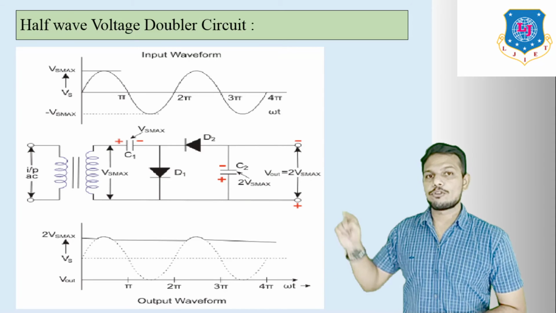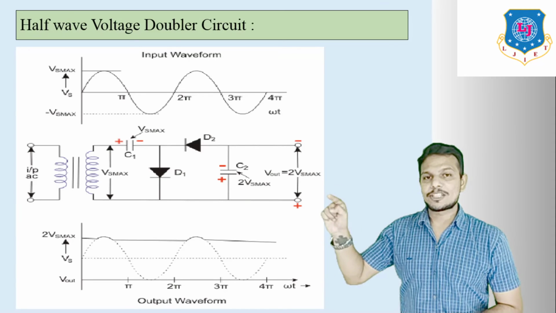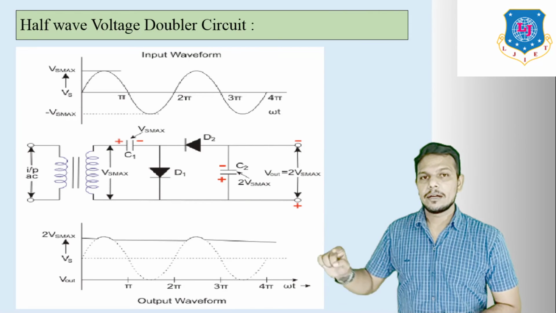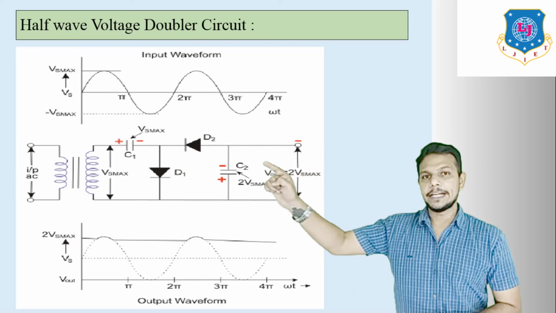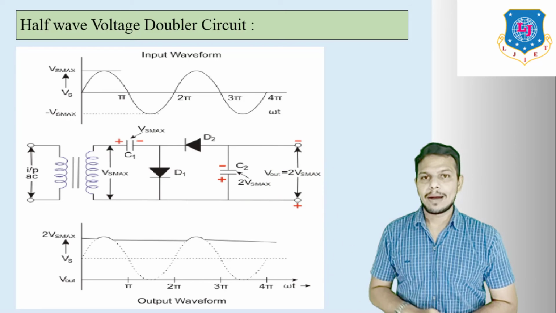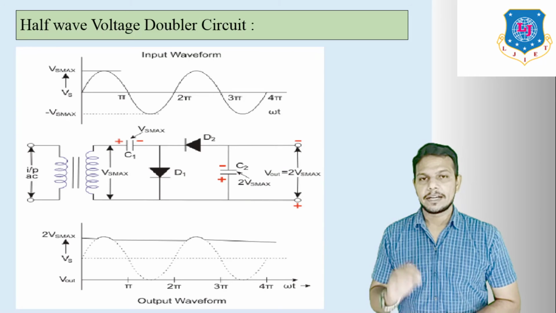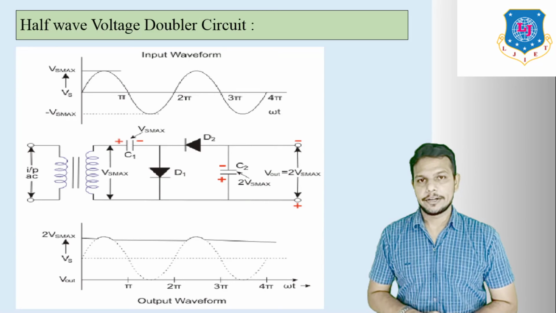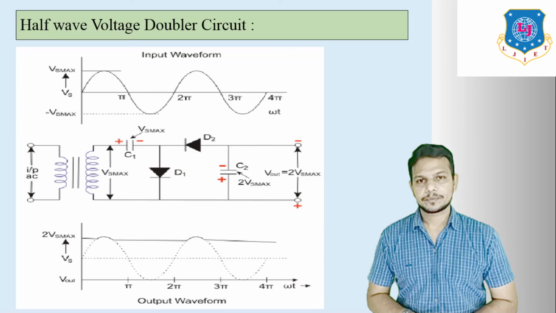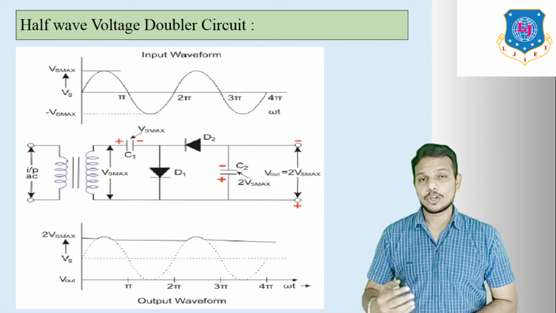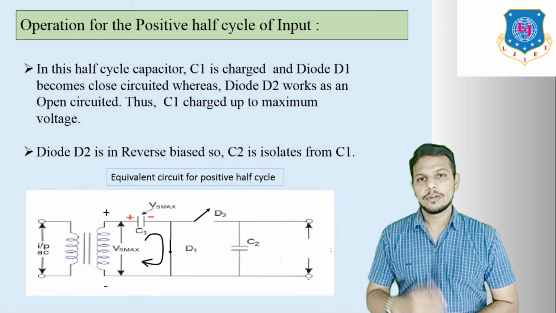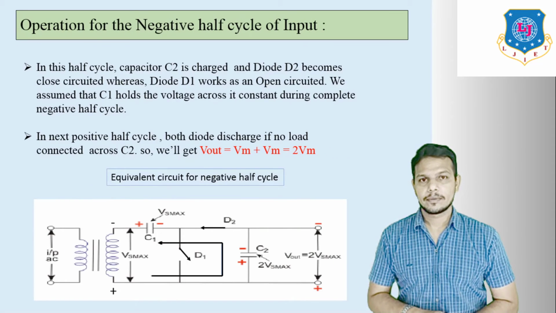Then the current flows through the C2 side, so capacitor C2 becomes charged, and the current flows through the D2 side, so diode D2 works in forward bias, that means closed circuit, and goes to the minus terminal. Due to this operation, C2 is charged up to Vm.